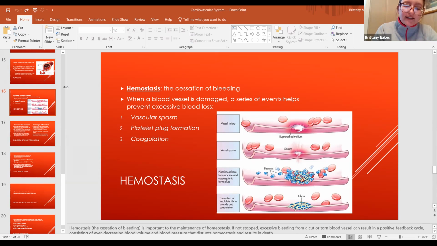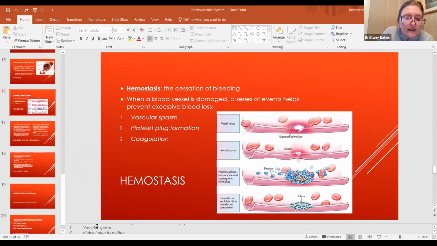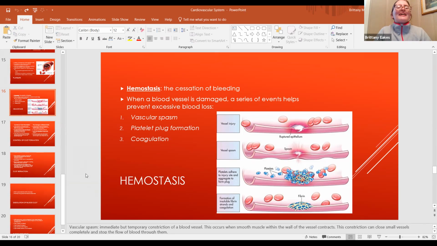The first is a vascular spasm, an immediate but temporary constriction of a blood vessel. It occurs when inside your blood vessel, you have this lining of epithelial tissue called endothelium, which is on the inside of a blood vessel.